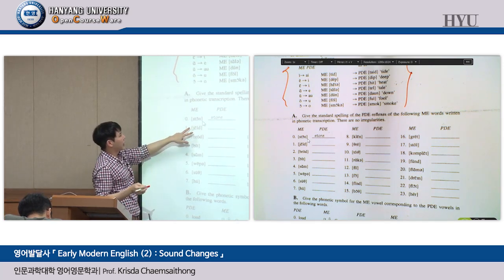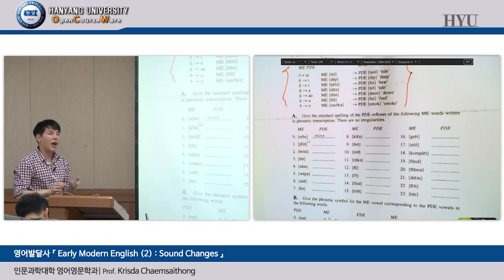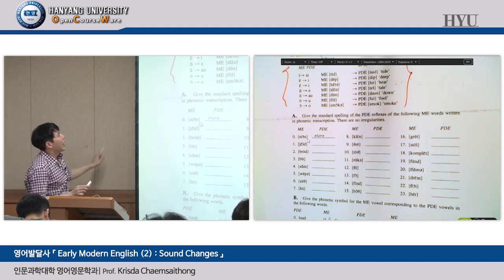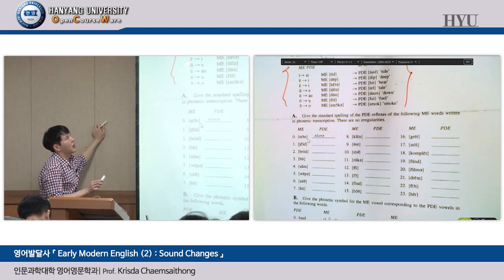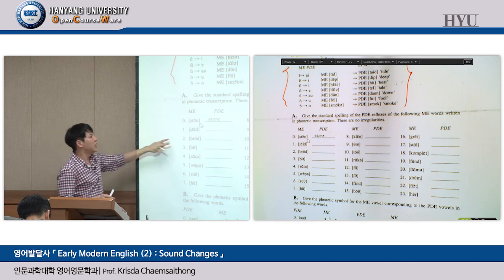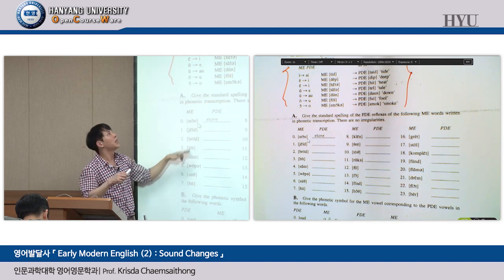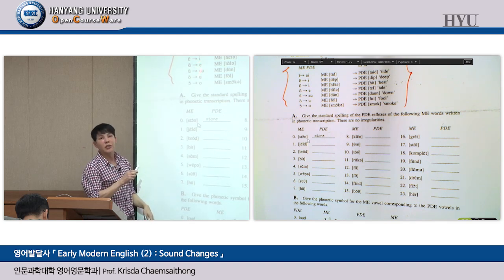Now in number one, that's the ME pronunciation. How do you pronounce it? Yelled. Now the A will change to E finally. According to the table here, A changed to E. So yell has to be, in modern English or early modern English, same thing, yield.